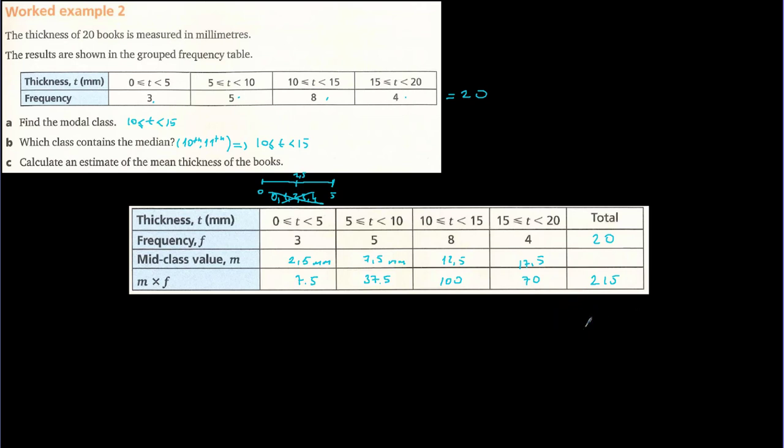So if it is 215 and you divide by 20, when you simplify the 0, you are going to get 21.5.